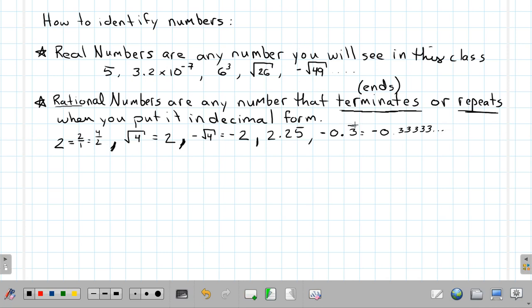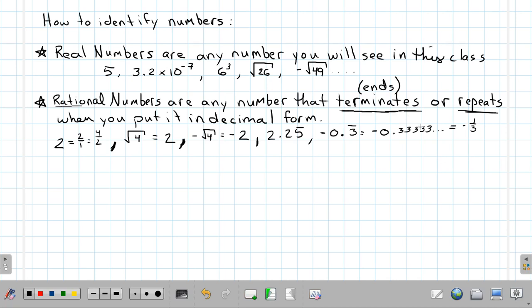That means it's repeating, okay? Well, this is a number that repeats when you put it in decimal form. So the decimal form is here. You can see the 3 repeats, okay? And this actually means it's a rational number. More importantly, this is the rational number negative 1/3. So it's the fraction negative 1/3, okay?